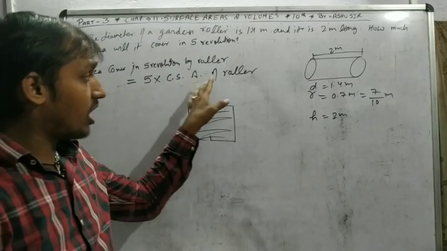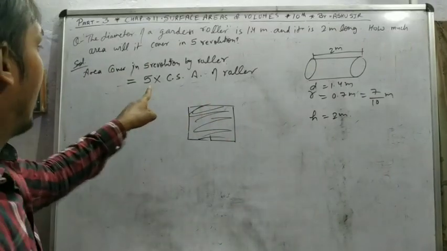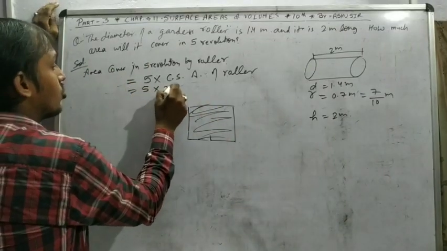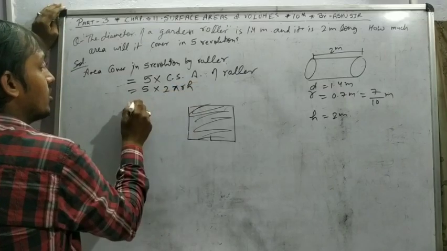The curved surface area is for 1 rotation, and for 5 revolutions, 5 into 2 pi rh is the formula.